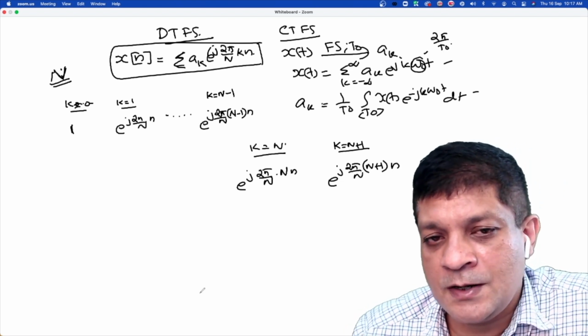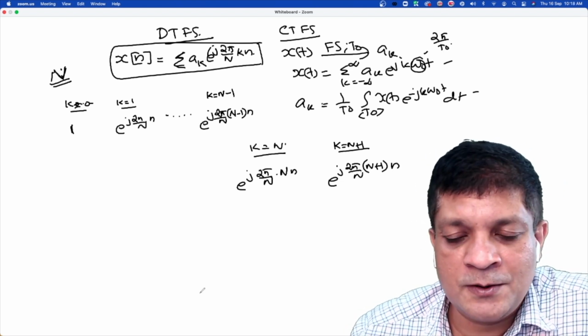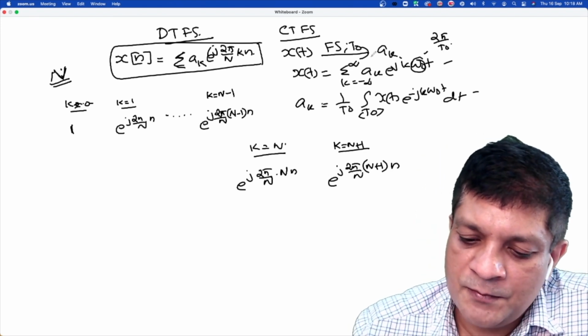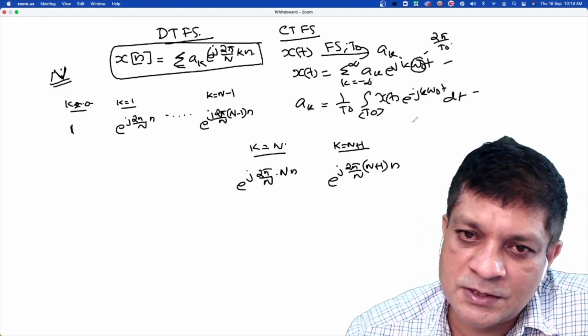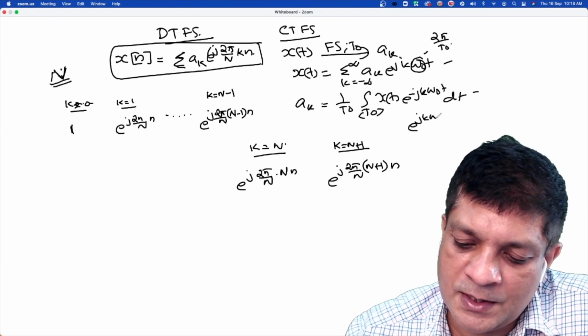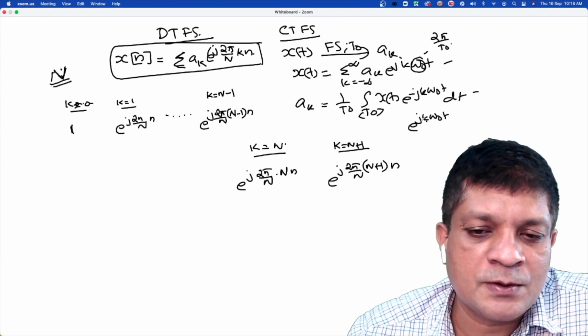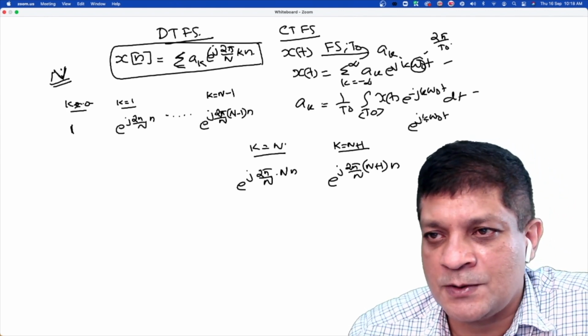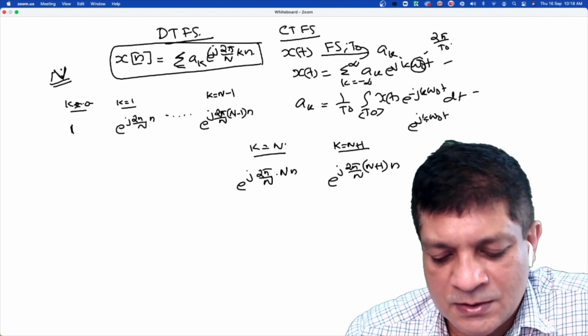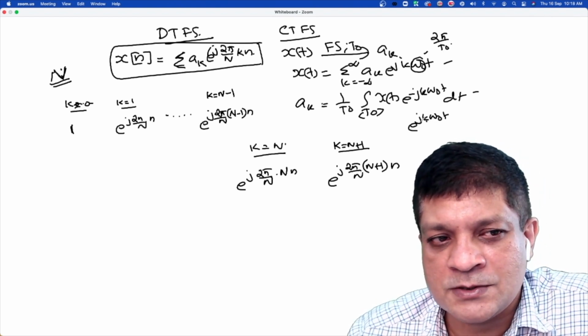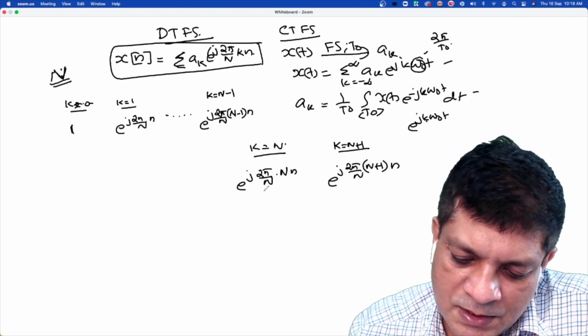Now tell me, is there any difference between continuous time complex exponentials and discrete time complex exponentials? If you consider a continuous time complex exponential e to the power j k omega naught t, if you take different values of k, you'll get different complex exponentials, isn't it? But is it the case for a discrete time complex exponential? Can we simplify this?